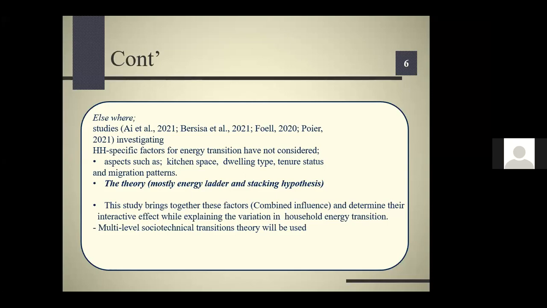These aspects, especially the dwelling type of the household, if I can call them generally, the housing characteristics, the tenure status, the kitchen space, migration patterns. These components have not really been addressed in the current literature in as far as transition is concerned. So you find that these components are handled in fewer circumstances where the focus has been on the choice of fuel.